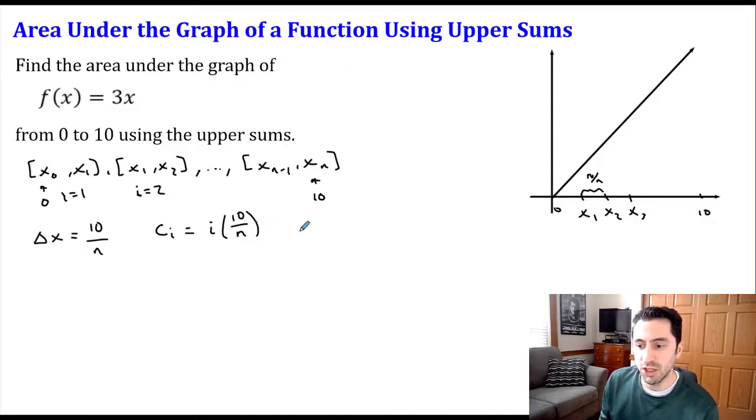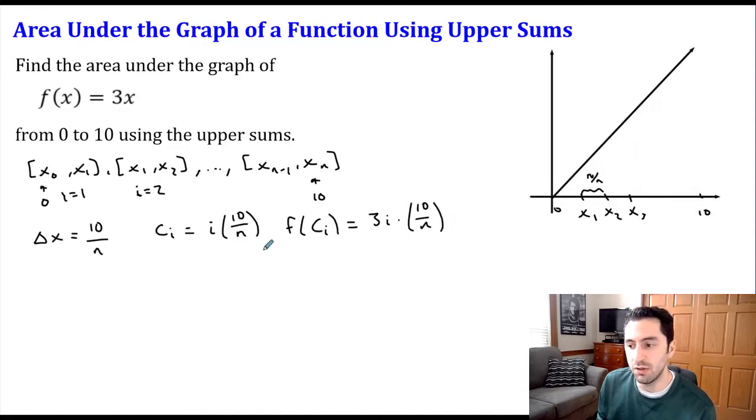This is going to generate all those x values for me. And then if I plug that in, f of each of those x values, 3 times i times 10 over n, this will give me the points that are on my line at each of these x values, which will give me the height of all of these rectangles.